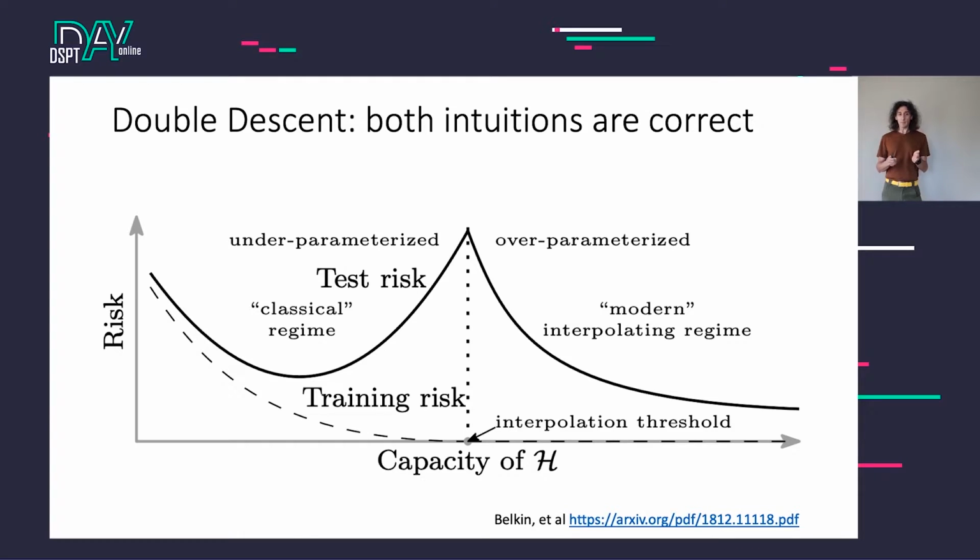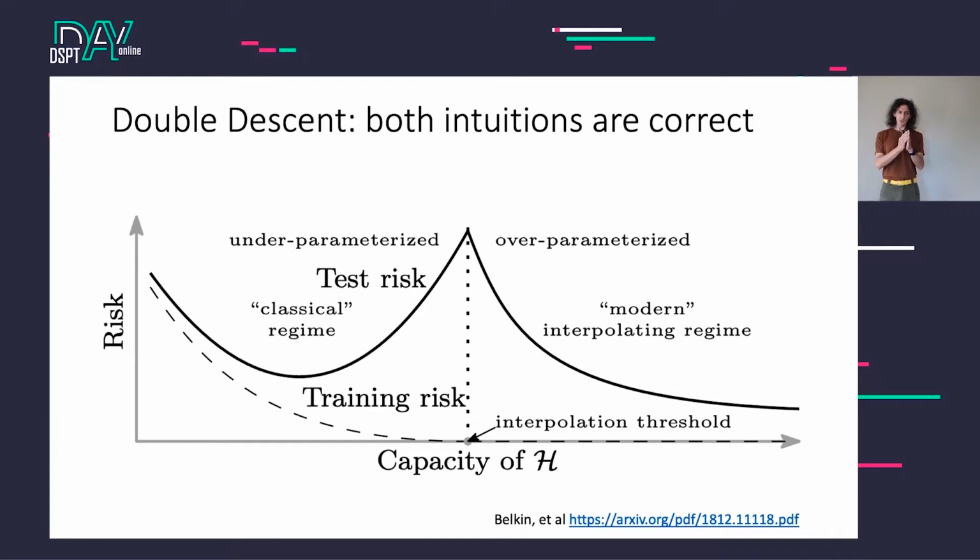What happens is that as you increase the capacity of a learning system, the error or risk, as it's described in this original paper, will start to go down as the model gets better, and then you'll start to overfit, and then at some point it'll start to go down again as you cross from the classical regime to the modern or interpolating regime.